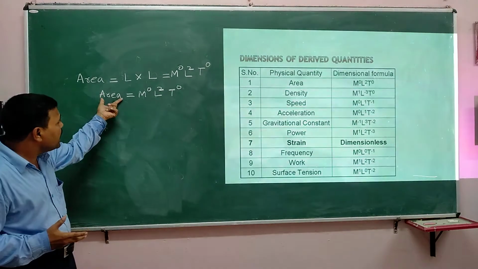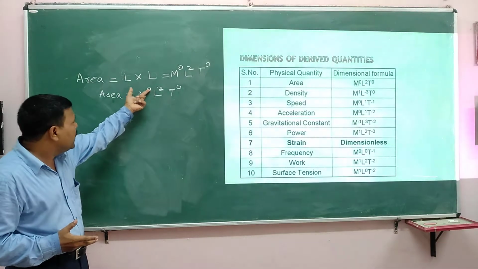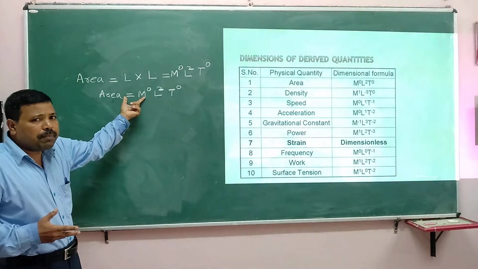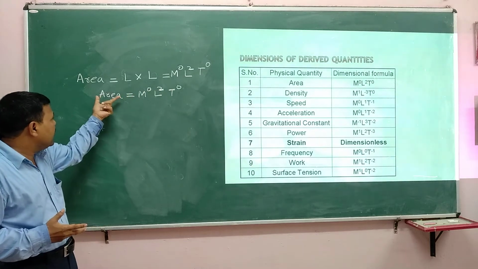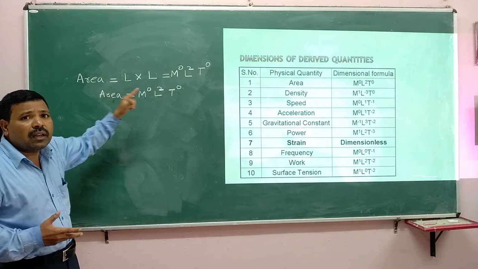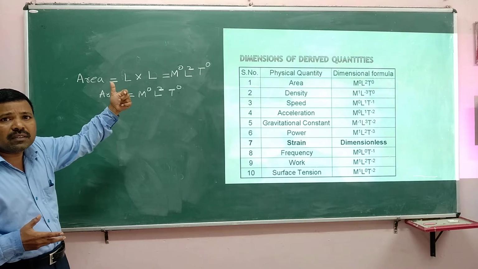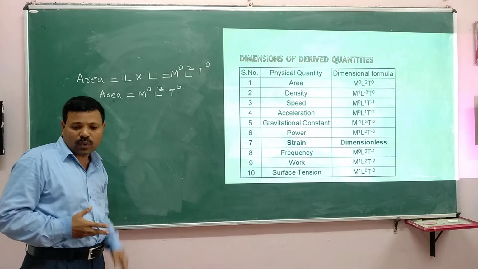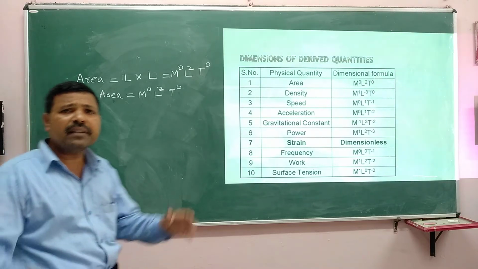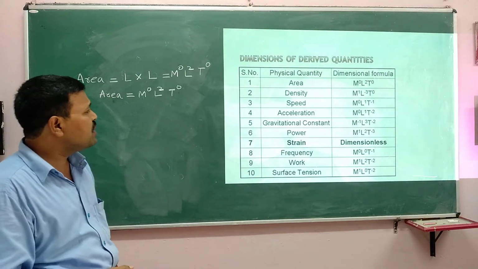Okay, area is equal to M raised to 0. It means that area is not depending on mass. L raised to 2. It means that area depends on length into length. Area does not depend on time. Okay. Similarly, we can write the dimensional formula of any physical quantity.